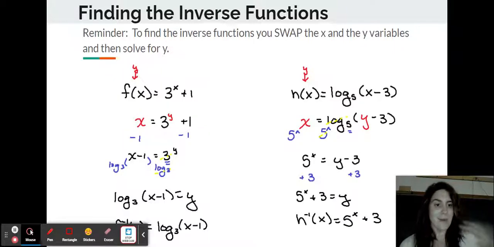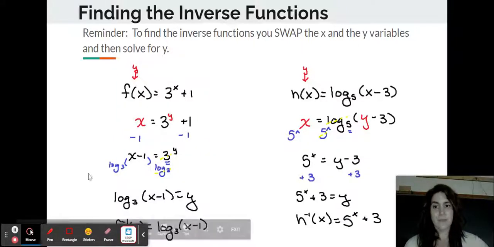Well, if I have to solve for y, I got to get the y out of the exponent position. So I'm still going to get it alone, move the 1 over. But now to drop down that y, I got to get rid of the 3. I got to get rid of the base that it's attached to. So in order to do that, I can do the log of both sides. I can do log base 3 of the left side and the right side.